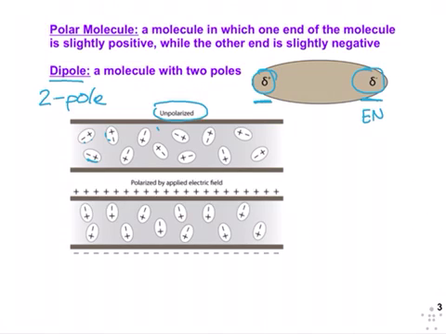When we do that, the molecules in the substance will line up so that the opposites attract one another. The partially negative ends of the molecules line up with the positive side of the electric field, while the partially positive ends line up with the negative part of the electric field.